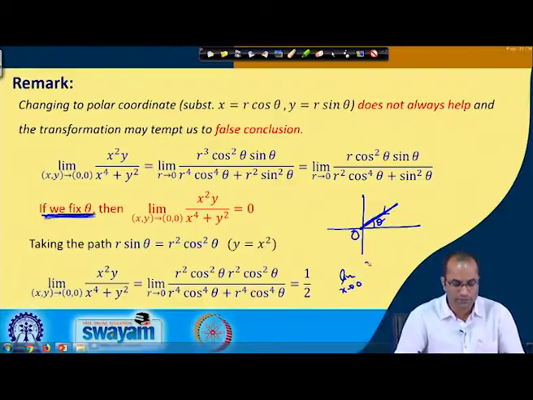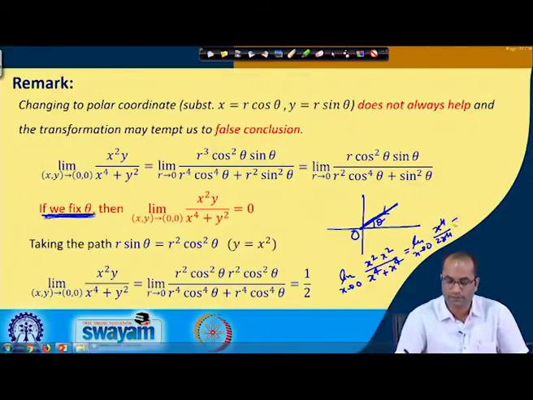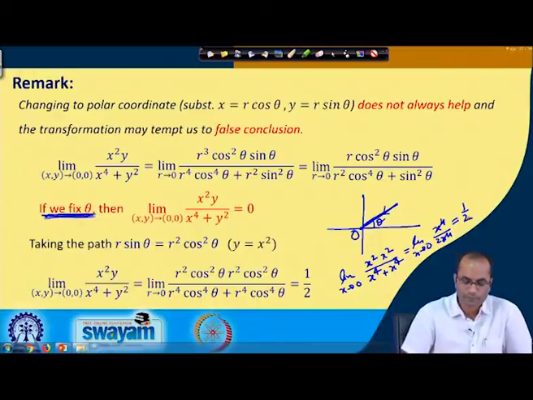So, y is replaced by x square, and then we have x 4 and y square, again x 4. So, limit x goes to 0 of x power 4 divided by 2 x 4. So, x 4 gets cancelled and then we get this limit half.